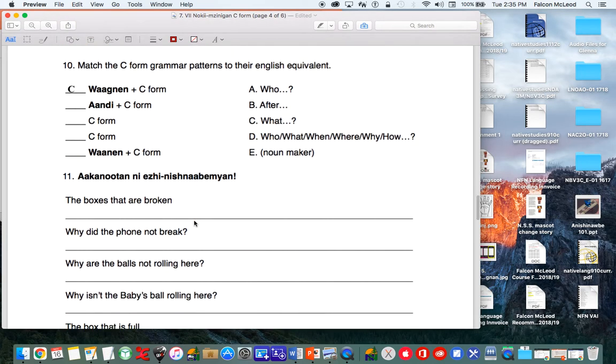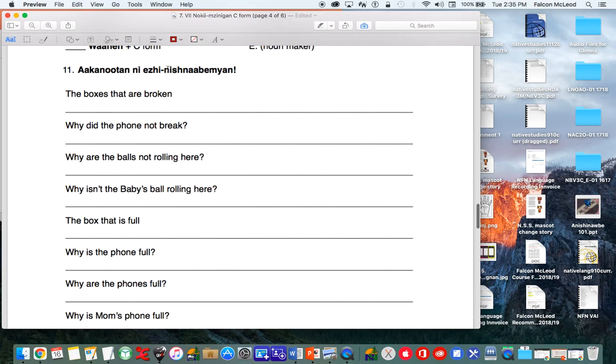All right. So we got Nishnaabemwin and a bunch of English. So take a wild guess. We're translating English into Ojibwe. So we have the boxes that are broken. When I give you something where it says the noun that is or are and a verb, this is where we go from changing our verbs to nouns.